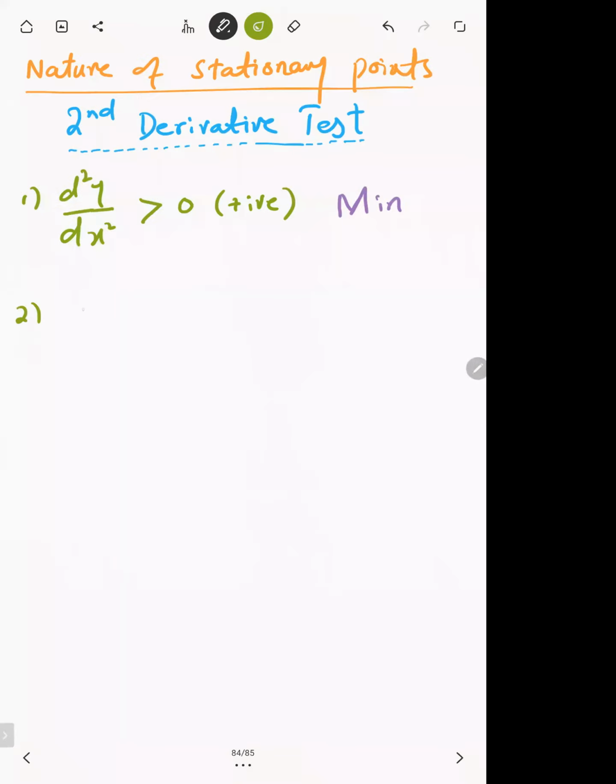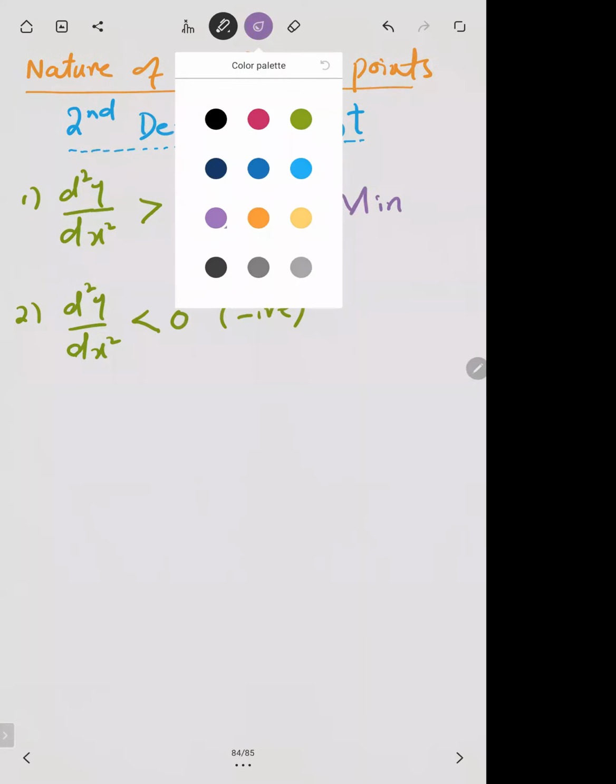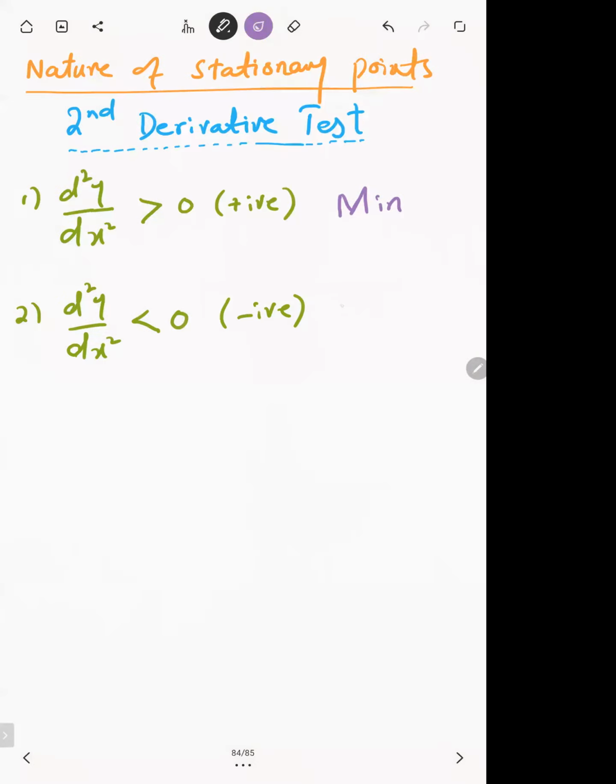If the answer of d square y by dx square is less than 0, meaning negative, then that stationary point will be maximum. So the first derivative gives you the gradient of the tangent, and the second derivative tells you the nature of the stationary point.